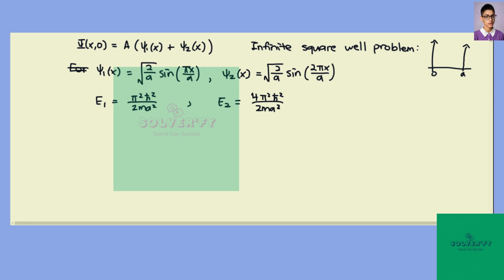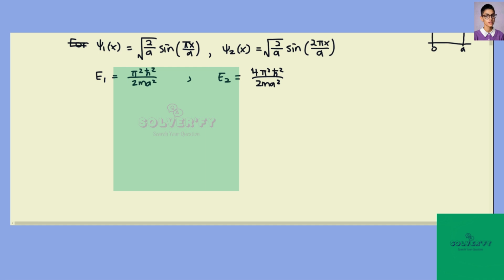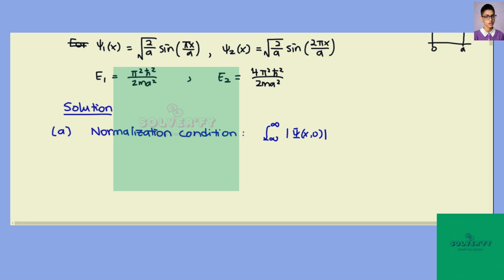Okay, so there are 5 parts in the question. In part A, we want to find A, the normalization constant. So we'll use the normalization condition, which states that the integral from negative infinity to infinity of mod Psi(x, 0) squared dx is equal to 1.